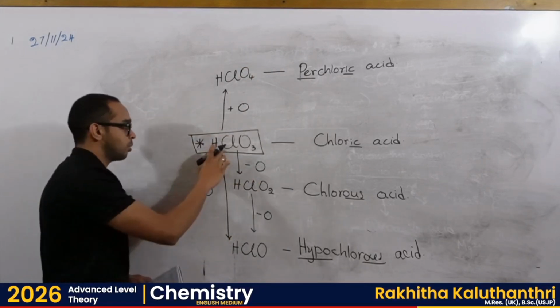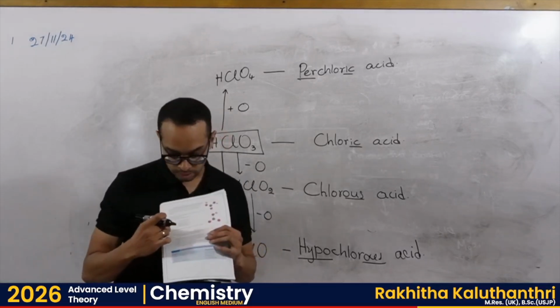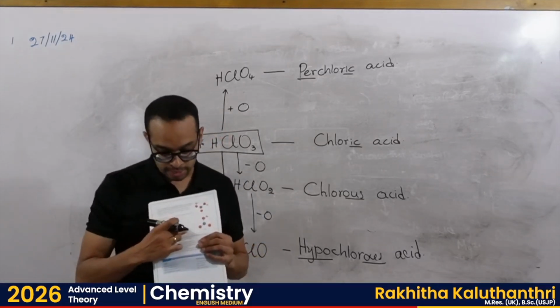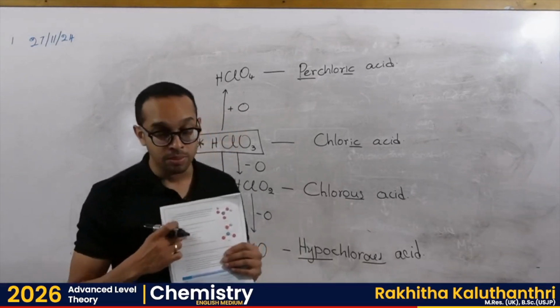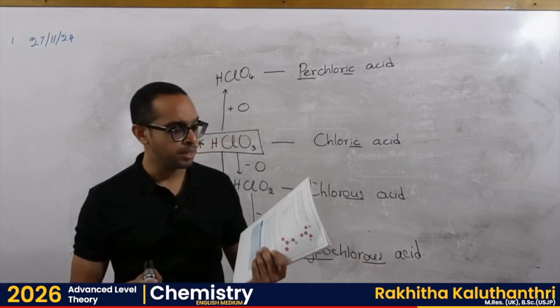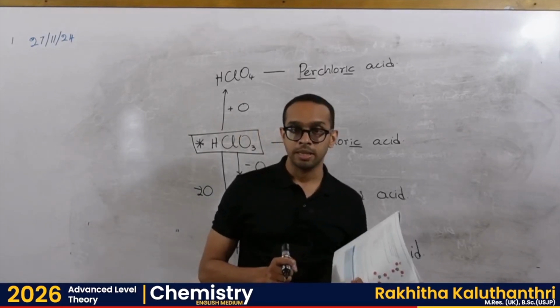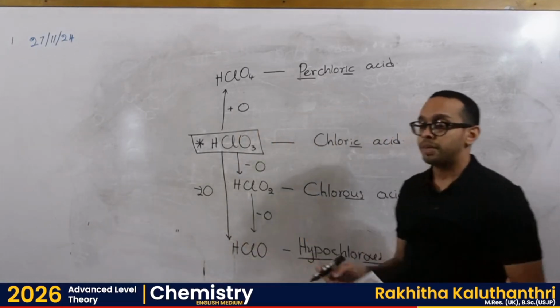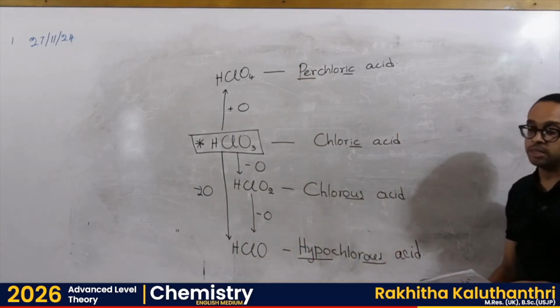Usually we talk about these. In the previous case also we discussed that these acids serve as reference points for naming different chemical species. So you need to remember these names such as carbonic, chloric, nitric, phosphoric and sulfuric acids, right? When it comes to chloric acids, we can see all of these different names.